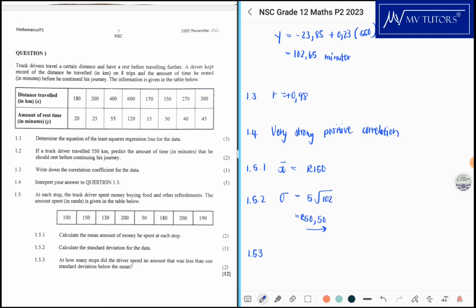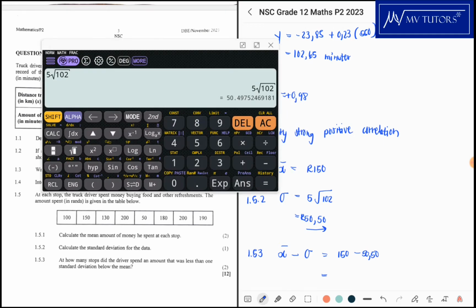You would take your mean and you add, sorry, not add. If it's more than 1 standard deviation, you add, but this is less than 1 standard deviation, so you subtract. All right, and so you're going to get 150 minus 50 rand and 50 cents, which is 99 rand and 50 cents.